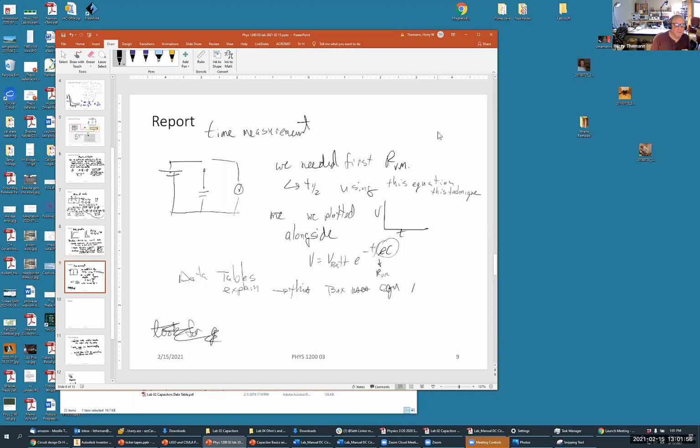And then we applied V as a function of T. We took a table of times and voltages. This is a discharge measurement. And then we also plotted the function.